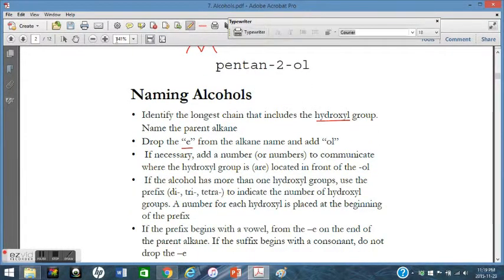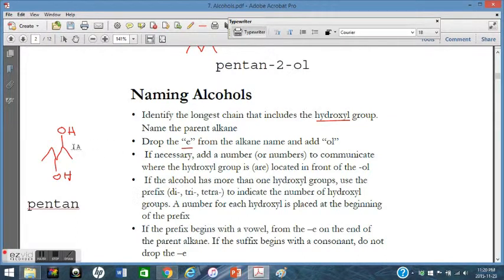If we had, for some reason, and let me just make another picture here real quick, 1, 2, 3, 4, 5. If we have this, again it's pentane, except this time there are hydroxyl groups at 2 spots.